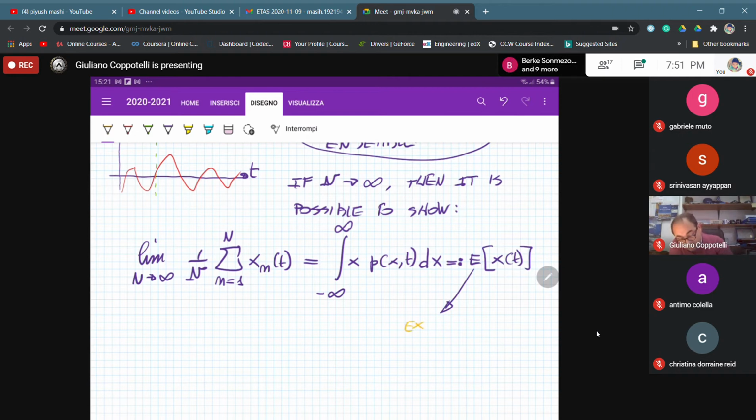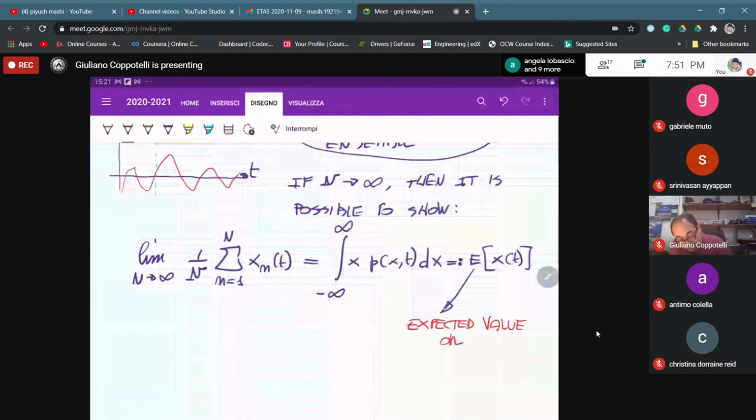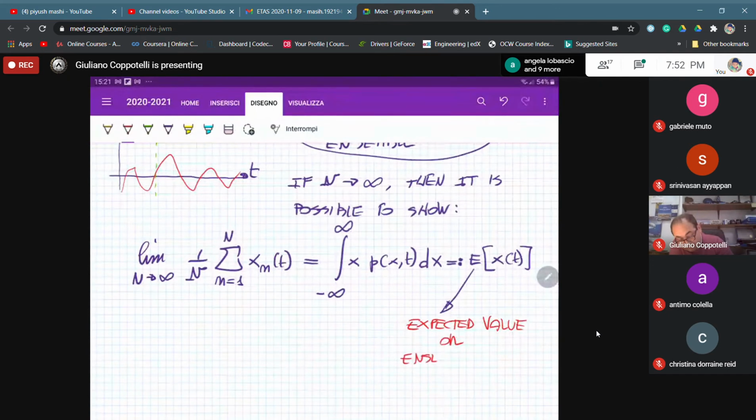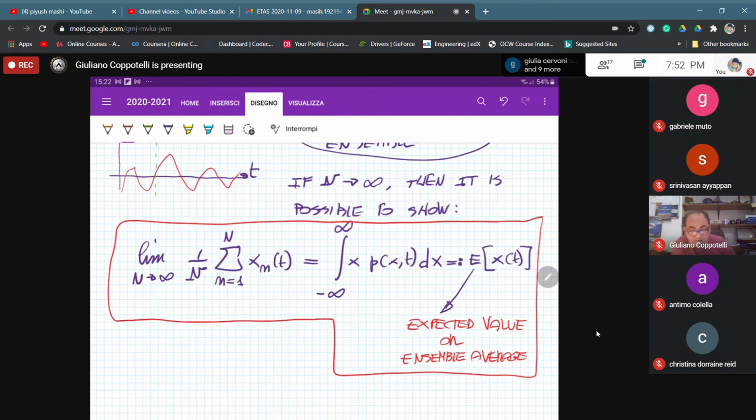So underline this: expected value, or expected operator, or ensemble average.